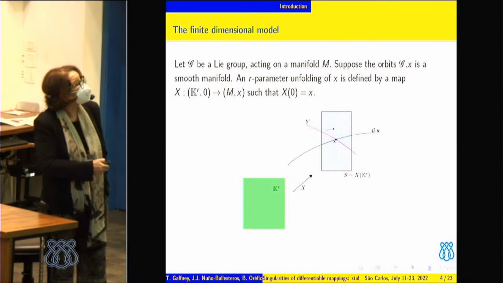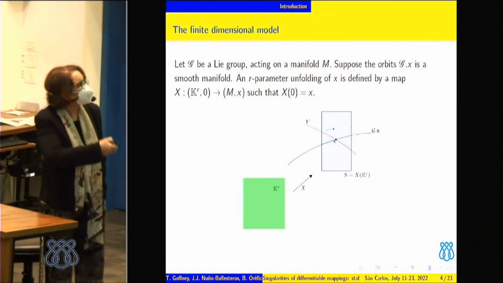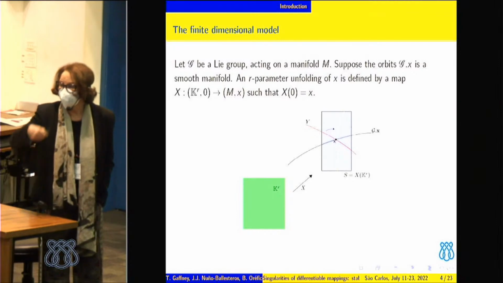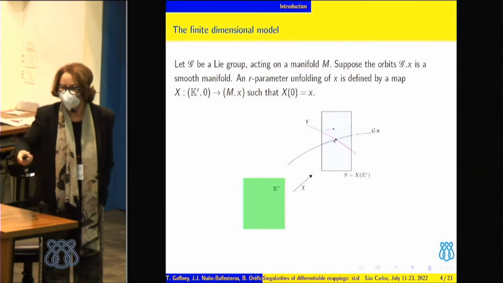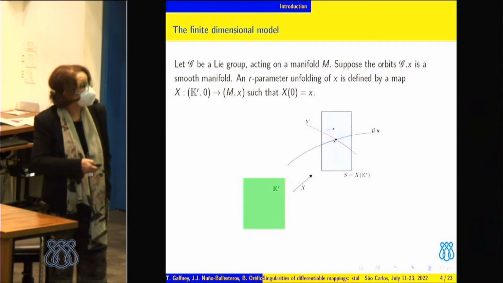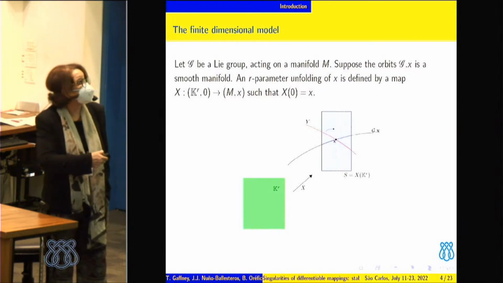And we can introduce two basic concepts looking at this finite dimensional model, which then we will develop in the case of K-versal deformations. One is the concept of transversal unfolding.